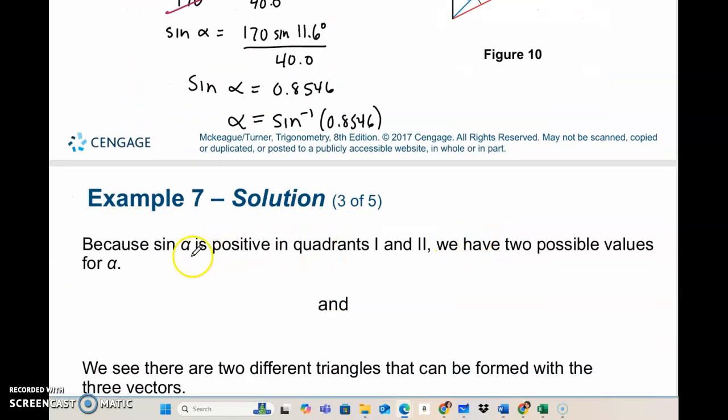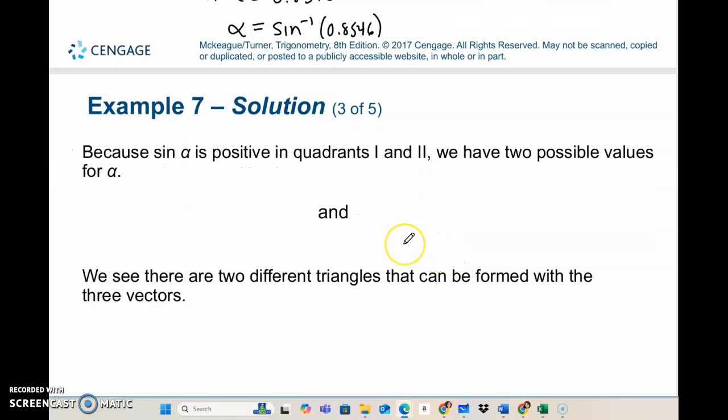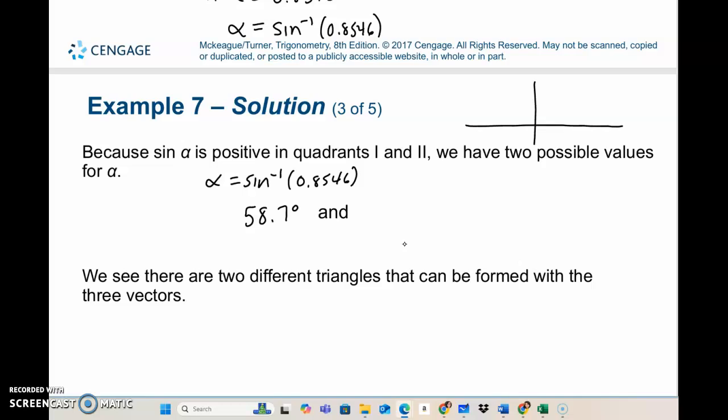It also says because sine is positive in quadrants 1 and 2, we will have two values that are possible. I think I said quadrants 1 and 4, but it's quadrants 1 and 2. So when we take this on the calculator, it returns 58.7 degrees. This is the one that gives us 0.8546.